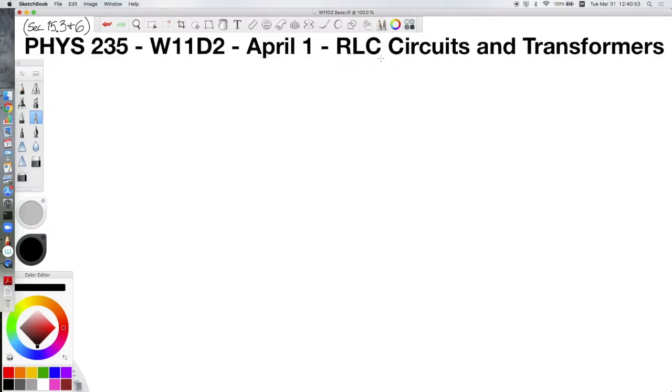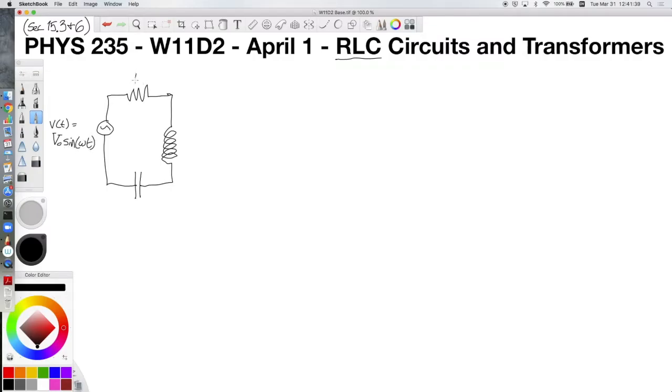So, an RLC circuit, and we're specifically going to be looking at an AC RLC circuit, will consist of an AC power supply connected to a resistor, R, an inductor, L, and a capacitor, C. That circuit might look something like this, where this is the battery whose voltage as a function of time is capital V naught times sine of omega t.